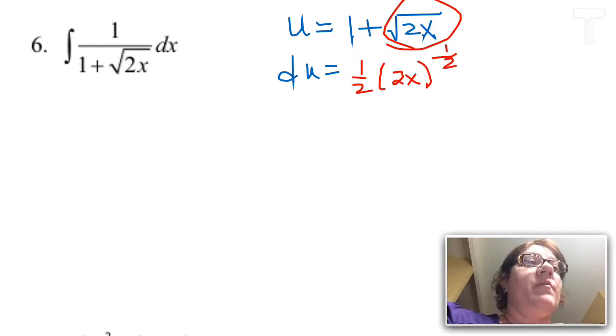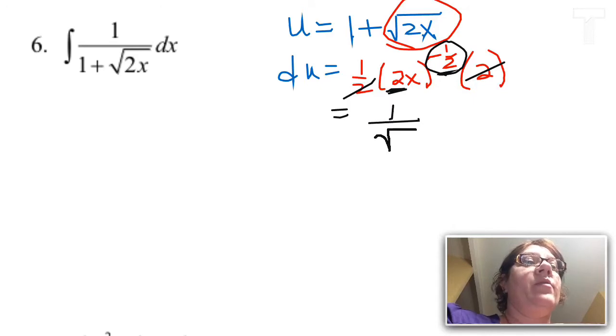That is a negative. And then take the derivative of the inside. And now keep in mind, I can only reduce this pair of 2's, not this one, because this one is actually underneath a radical. So this is really 1 over radical 2x dx.